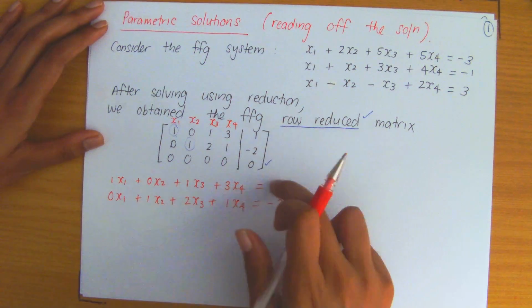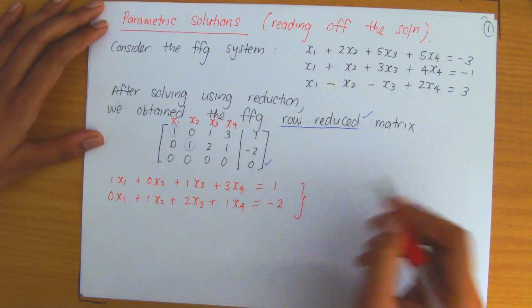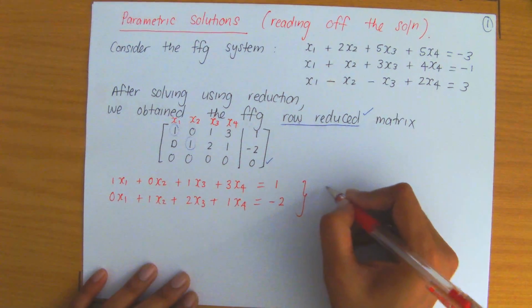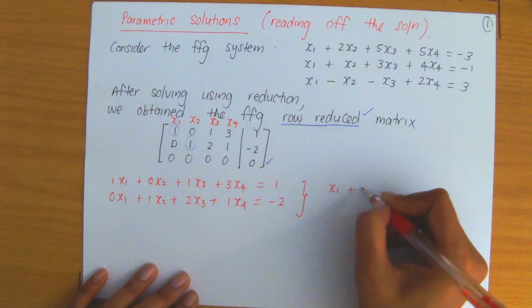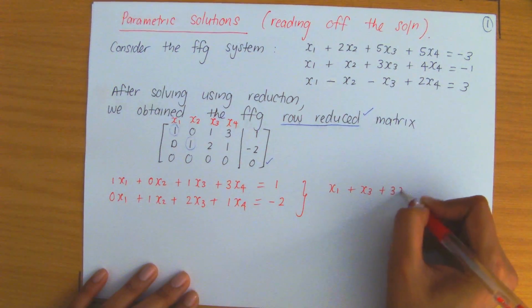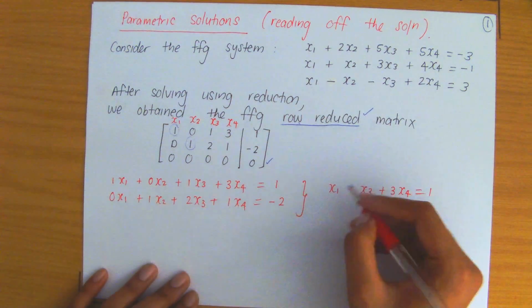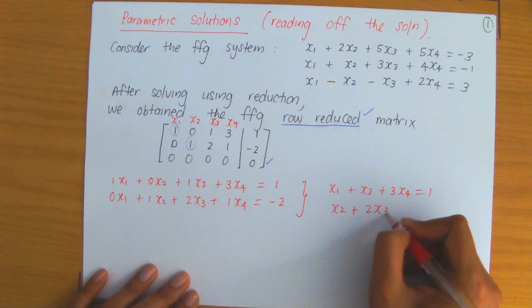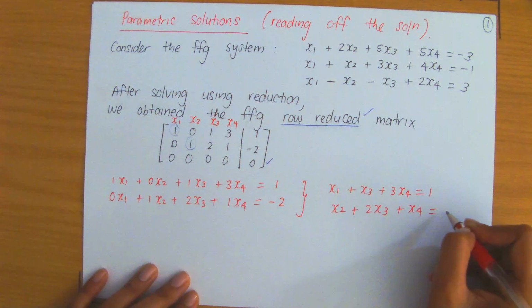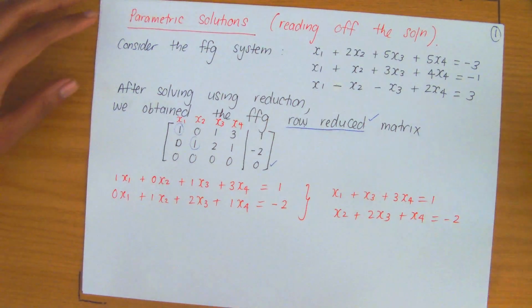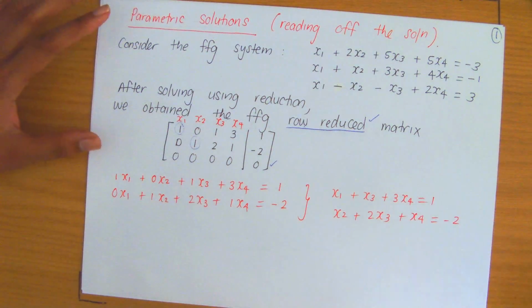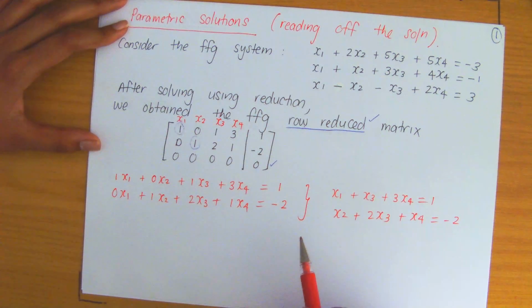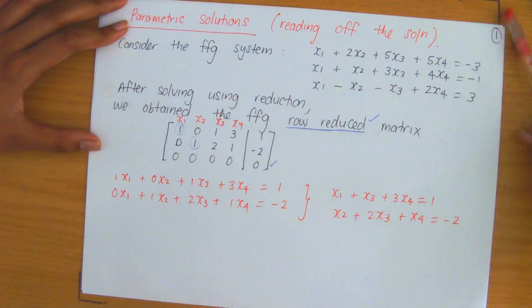Looking at these 2 lines that I've written down, let's now simplify what we have here. We now have that x1 plus x3 plus 3x4 equals 1, and that x2 plus 2x3 plus x4 equals -2. Let's rewrite this system by writing x1 in terms of x3 and x4, and x2 in terms of x3 and x4.